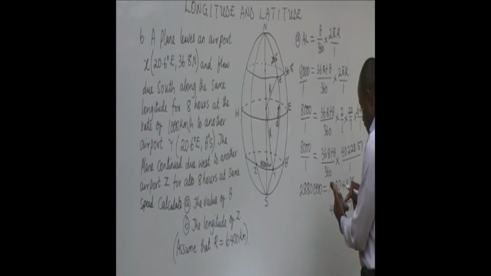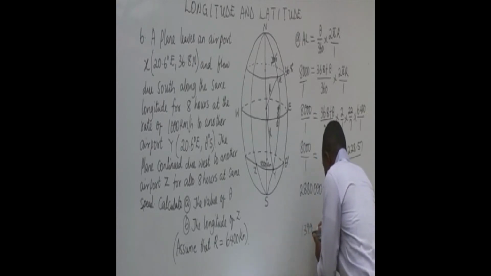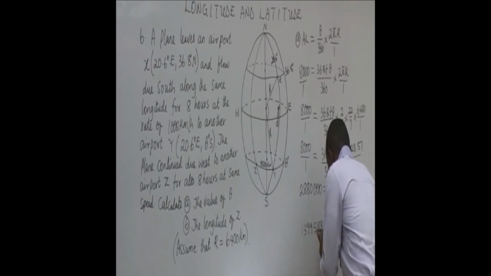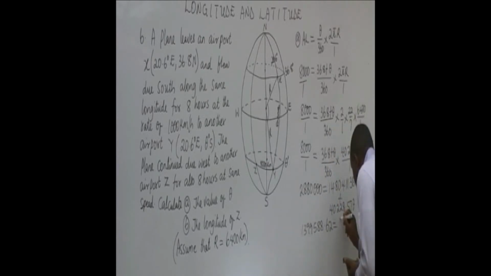So let's have it. It's giving us 1,399,588.62, which is now equal to this 40,228.57 theta.